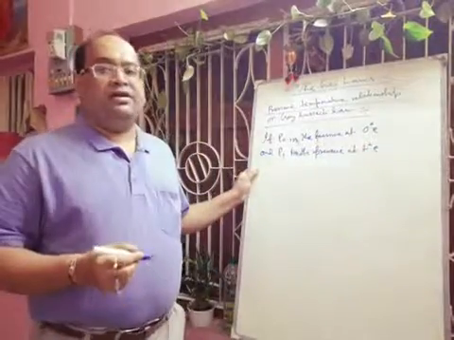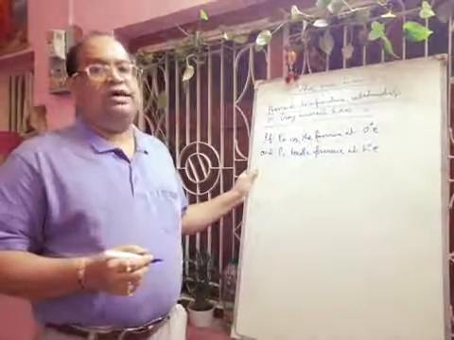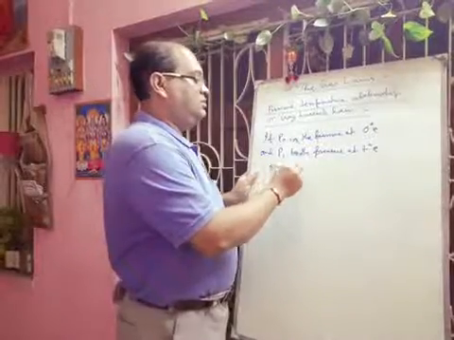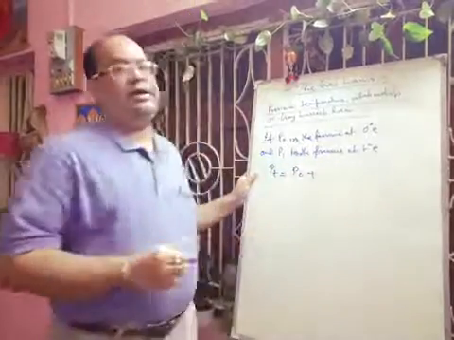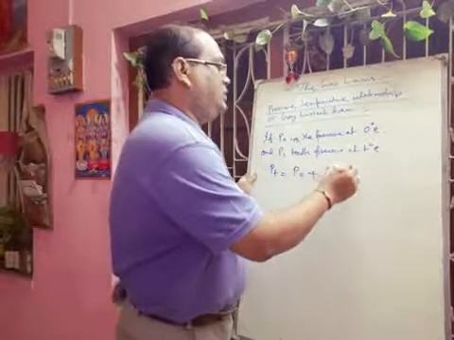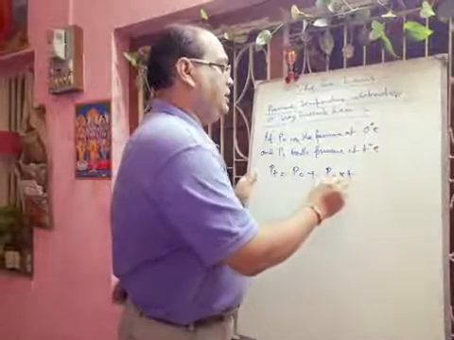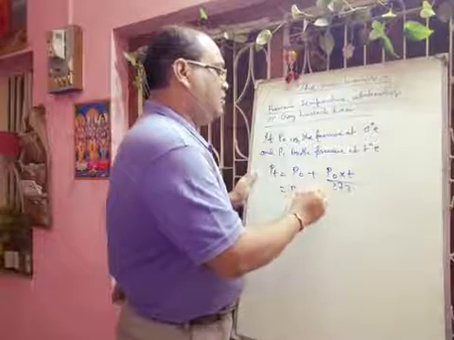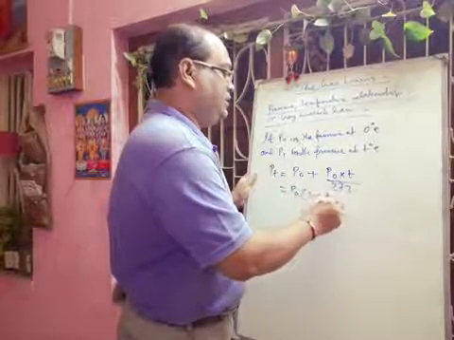then according to this law, we can write that Pt is equal to P0 plus P0 into T divided by 273. So here we take P0 common, 1 plus T by 273.